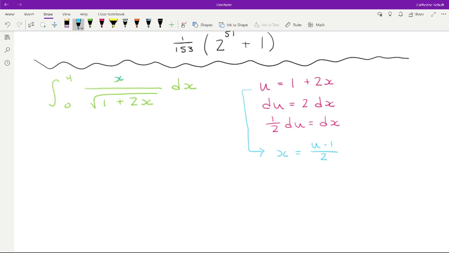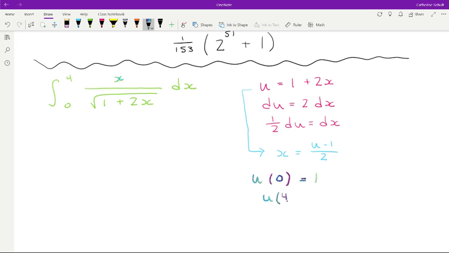Okay, lovely. So let's talk about the limits of integration. So let's do u of 0. u of 0 is going to be 1 plus 0, which is 1.